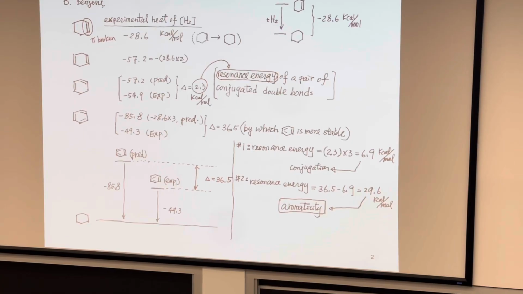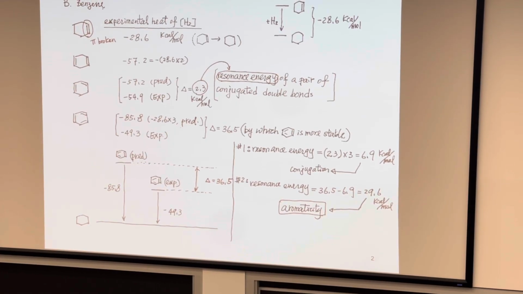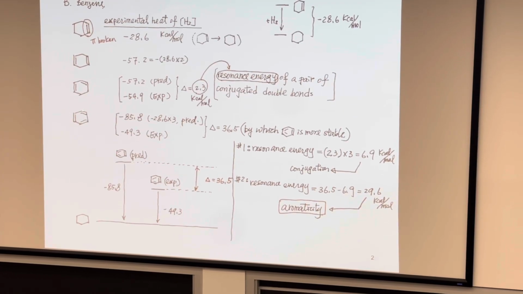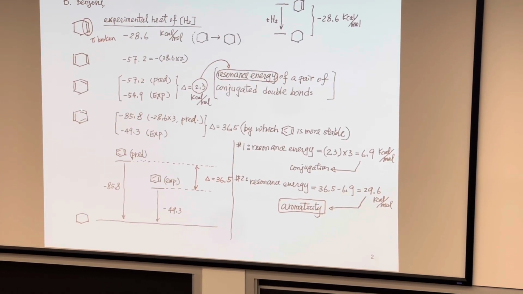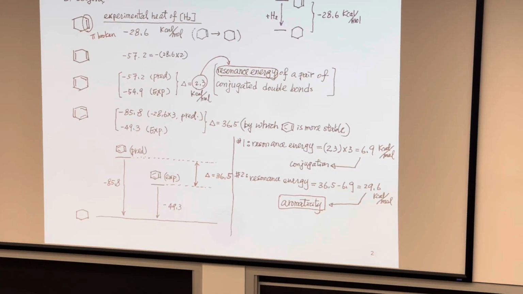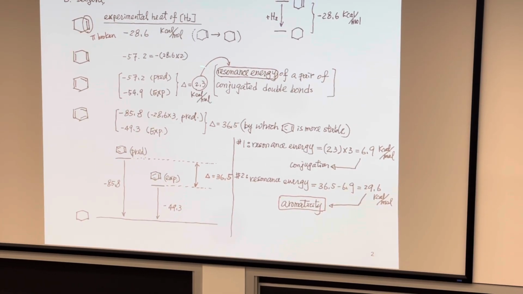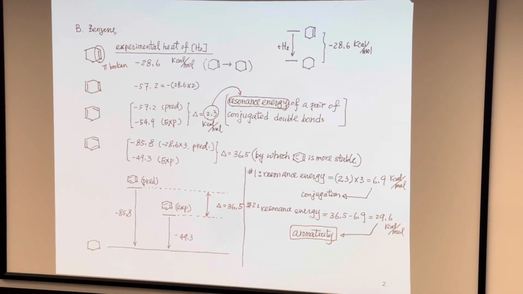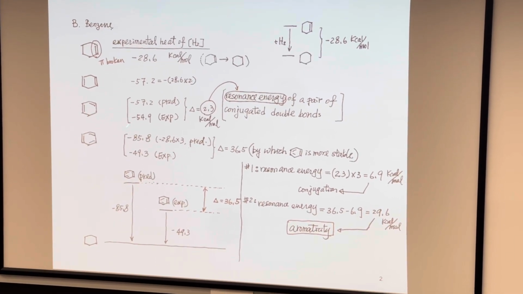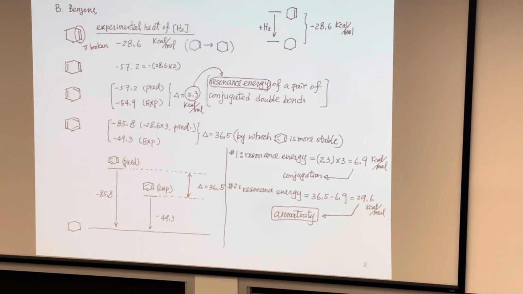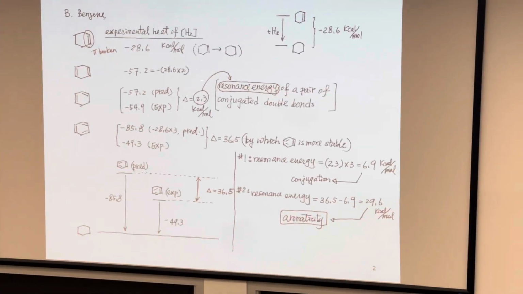First of all, we know that we have 3 pairs of conjugation, right? Conjugation 1, conjugation 2, conjugation from the top right to the left. We got 3 pairs of conjugation. Each pair of conjugation is going to contribute stability by 2.3. So far so good? Based on the third experiment here, we have the conjugation stabilization of 2.3 kcal per mole.